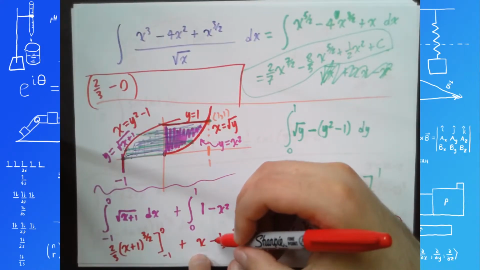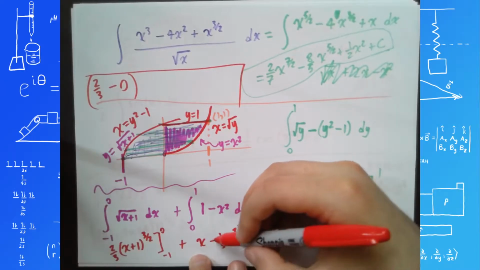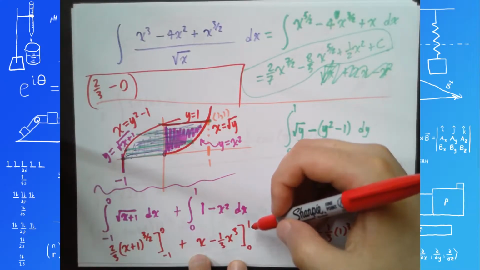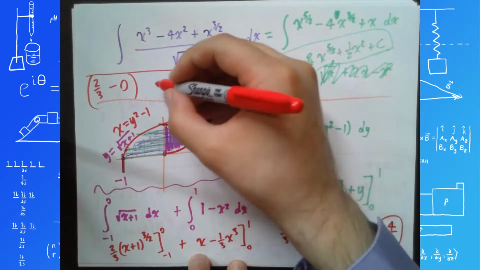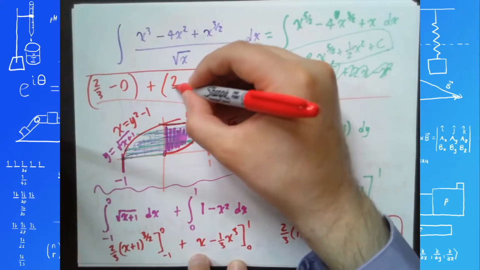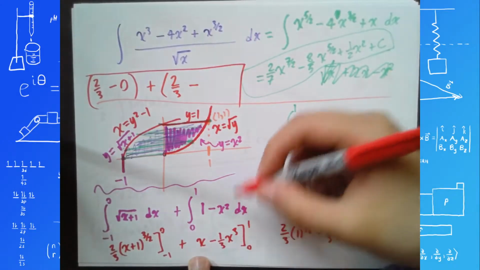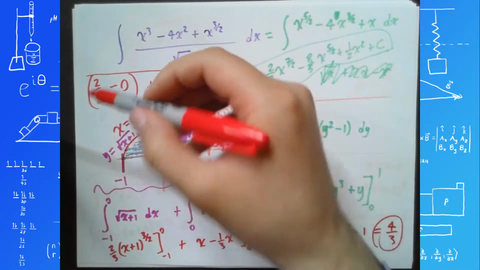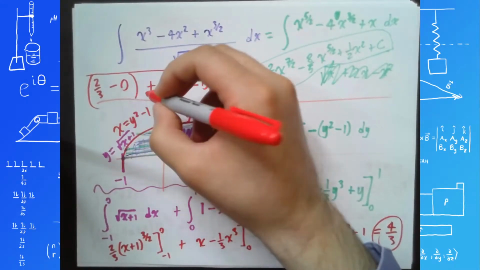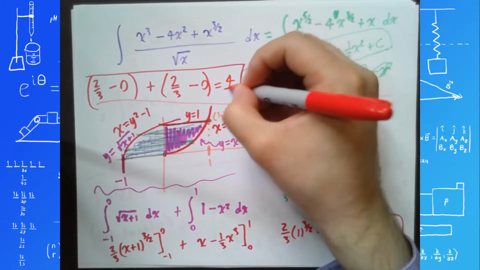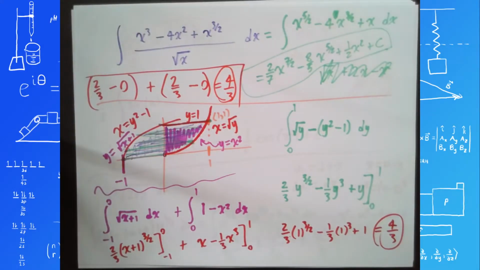Plus, for x minus 1/3 x cubed, 1 minus 1/3 of 1 cubed is just going to be 2/3. Minus, if I plug in 0, that's just 0. And we get 2/3 plus 2/3, which is equal to 4/3. Same as what we got before. So yeah, both methods work, but one method is definitely more convenient.